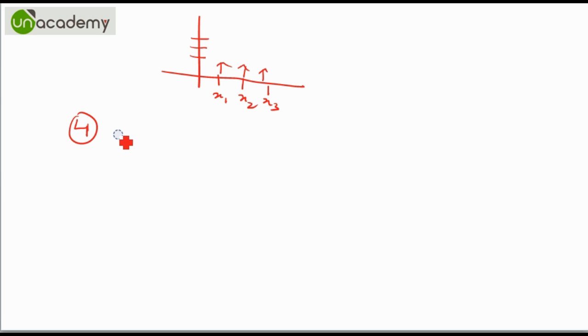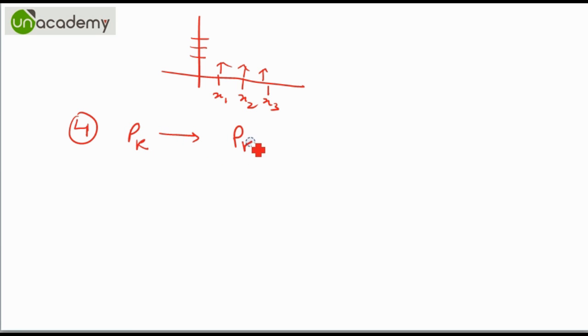In the next step, at each xk, remember this diagram, x1, x2, x3, at each of these points we have to calculate the y coordinates. So in the fourth step, we calculate the pk.